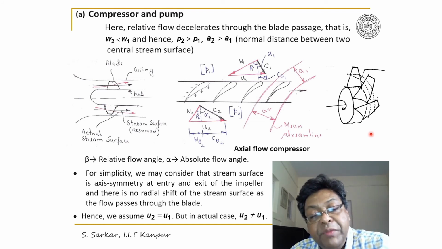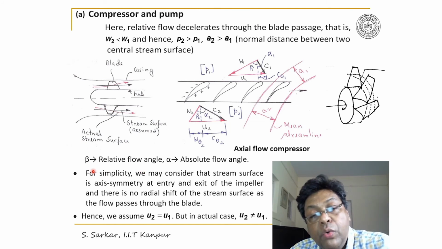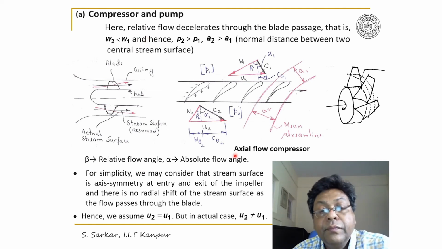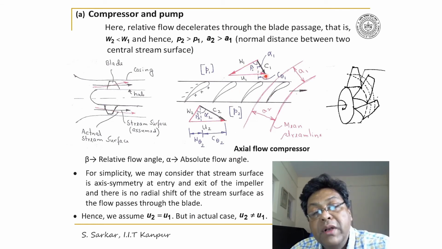For an axial flow machine, I have defined flow angle with respect to axial direction, and beta is meant for relative flow angle, alpha is absolute flow angle, 1 refers to inlet, and 2 to exit. So please note that here beta 1, alpha 1, and similarly beta 2, alpha 2.